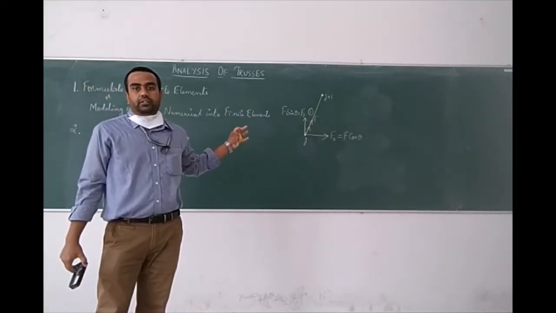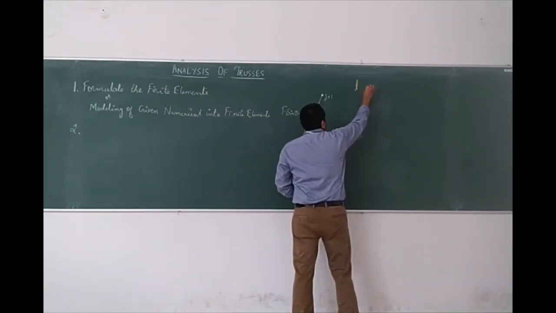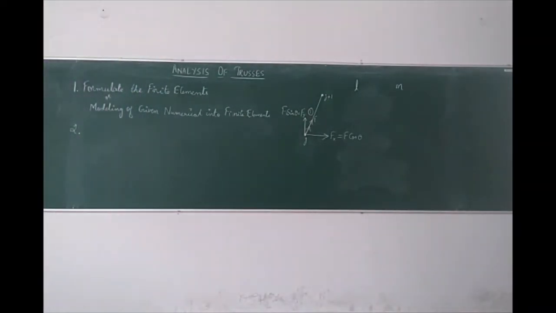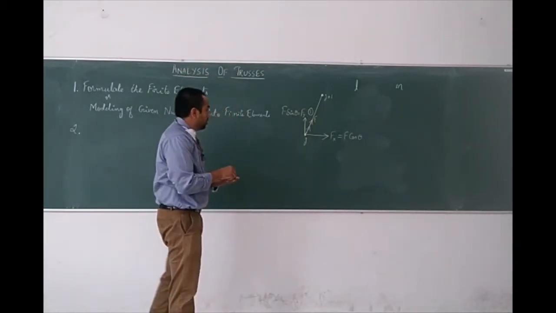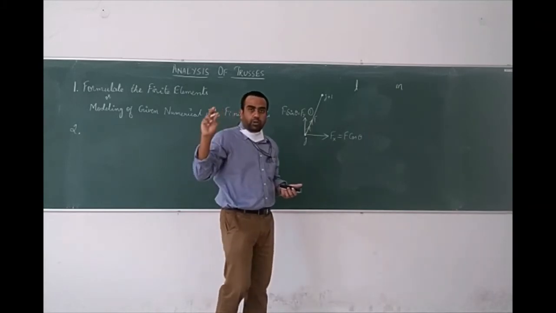The second step, when it comes to the analysis of trusses, is that we cannot directly calculate the element matrices unless we know the values of directional cosines. So in order to calculate the values, we will determine the positions of node 1 and node 2 with respect to x and y coordinates.